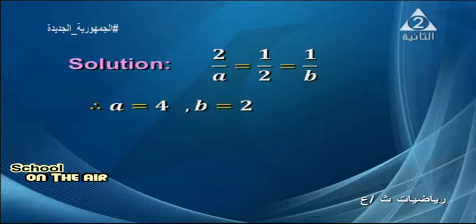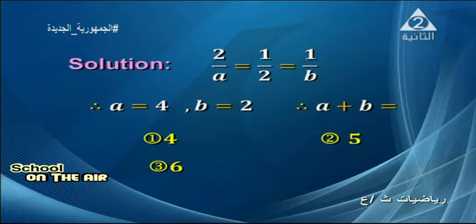By the same method, 1 over 2 equals 1 over b, so b equals 2. Then the value of a plus b equals 4 plus 2 equals 6.